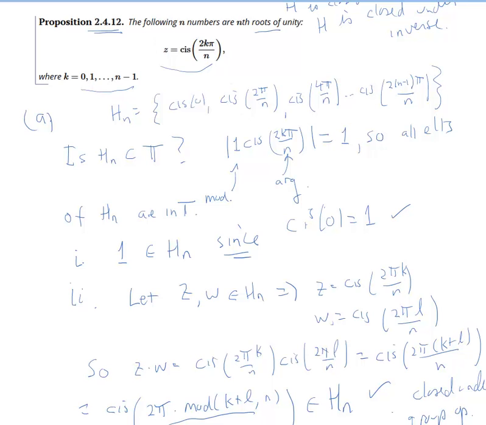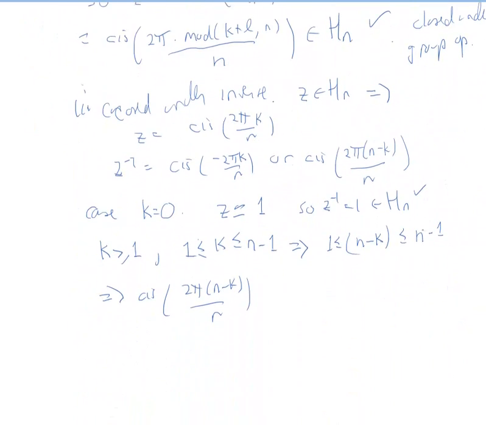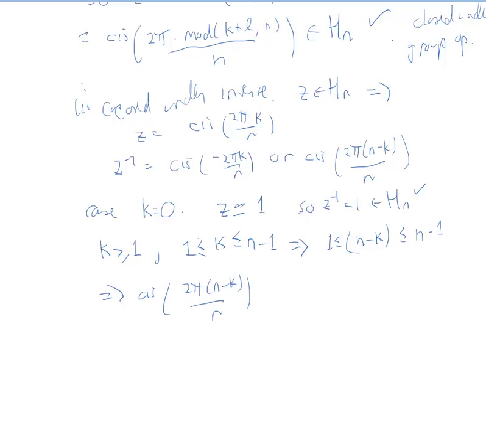I'm just replacing the k with an n minus k, but that n minus k meets this condition. So that means that this element here is in fact in Hn. Okay, so it's closed under inverse. And that's it.